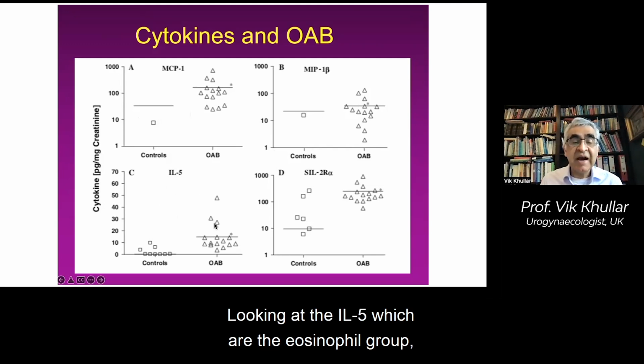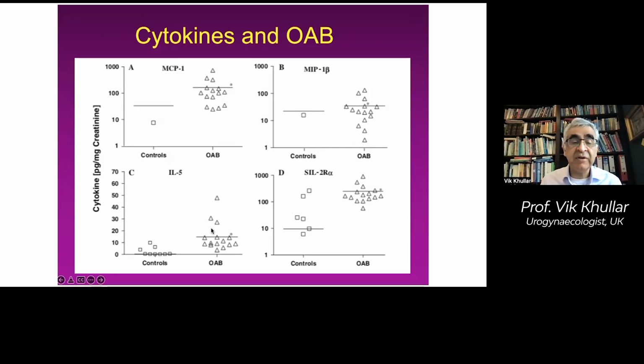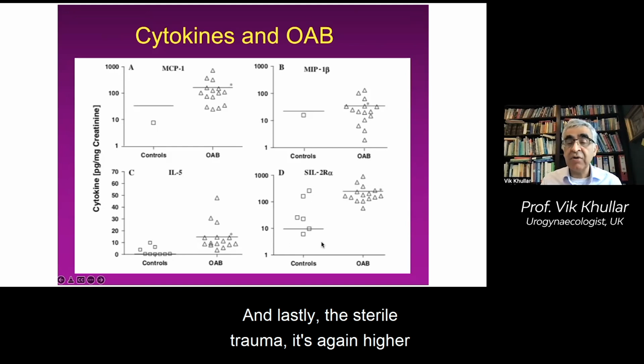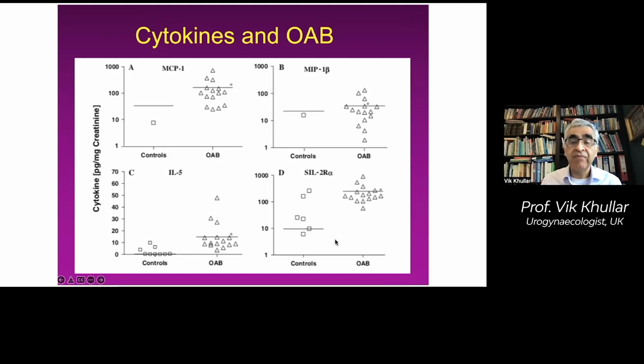Looking at the IL-5s, which are the eosinophil group, again, it's significantly higher, but there is a degree of overlap. And lastly, the sterile trauma marker is again higher, but there's quite a marked degree of overlap.